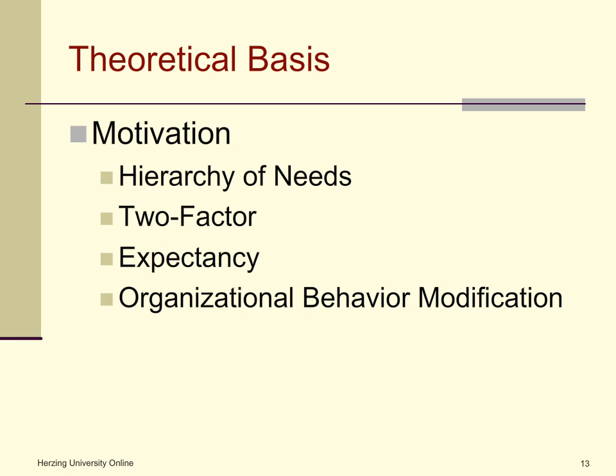The expectancy motivational theory discusses the relationship between efforts and rewards, performance and outcomes. Motivation usually increases if the relationship between the performance and the outcome is perceived as positive.